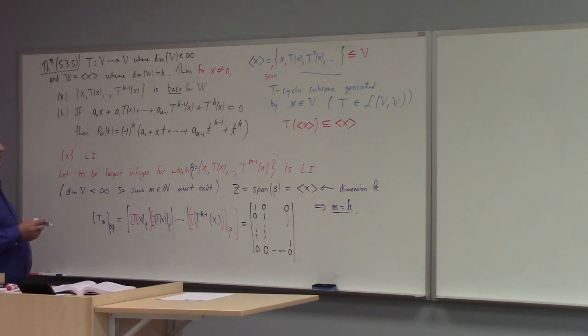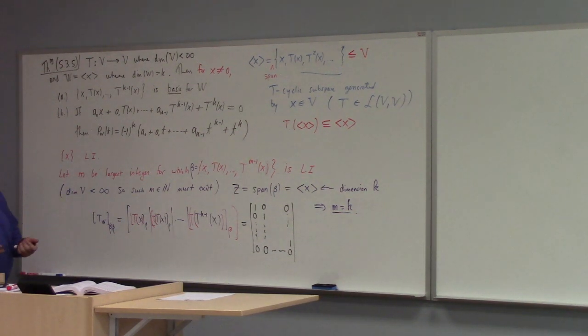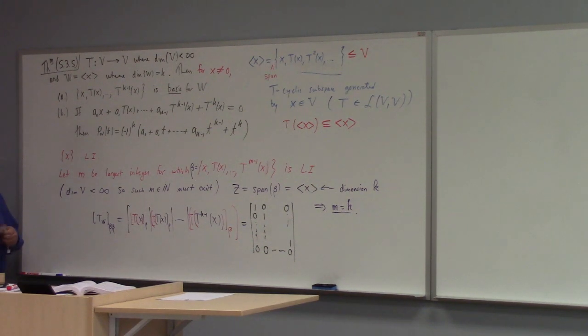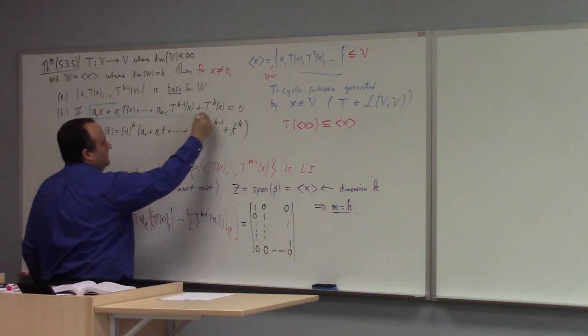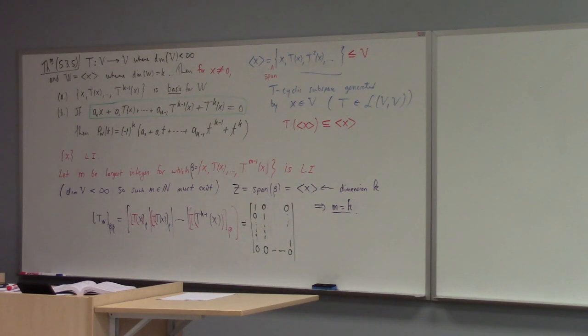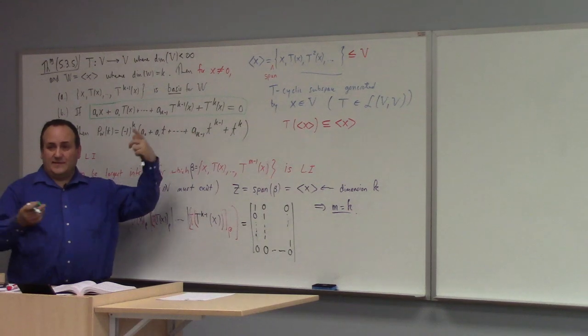See, parts of this theorem seem very mysterious, but they're actually almost immediately logically necessary. Why is this true? Well, if x, T of x, all the way up through T to the k minus 1 of x are linearly independent, that means that if I look at more, it has to be linearly dependent.